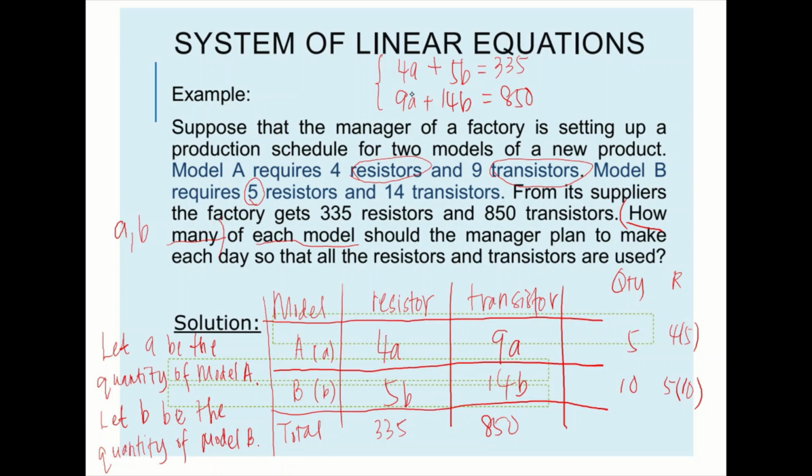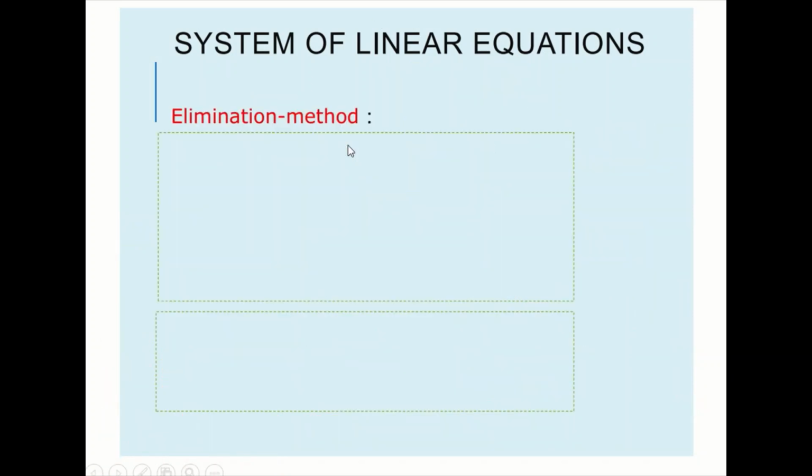As I mentioned earlier, there are 3 methods we can use. Actually, there are more than that, but we are going to discuss 3 methods to solve the system of linear equations. The first method is called the elimination method.